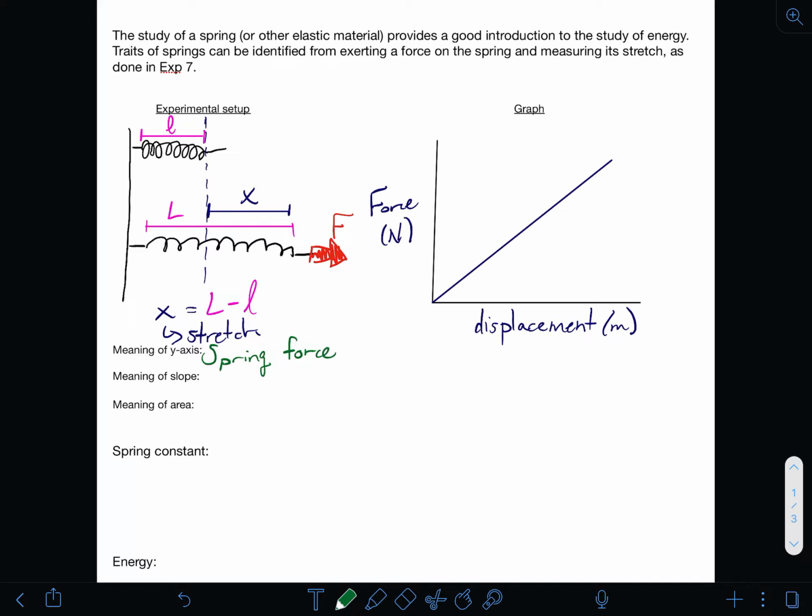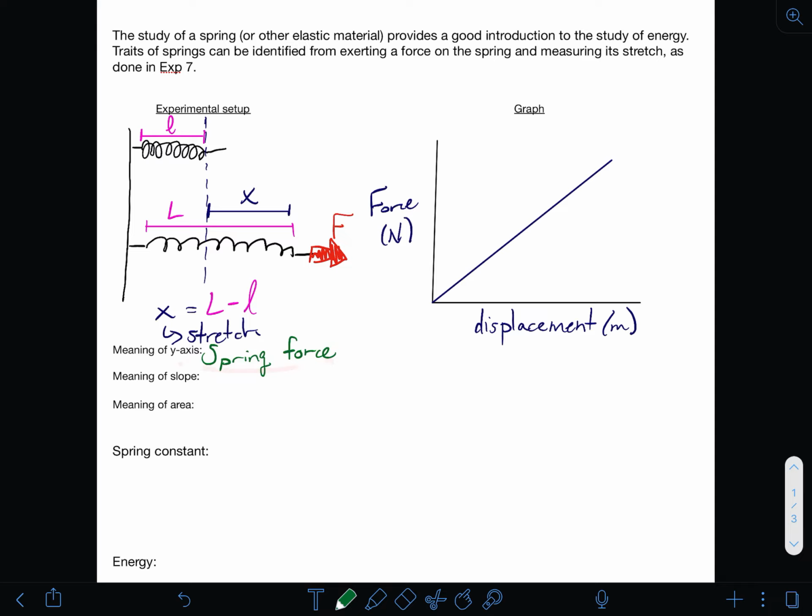We had to pull on the spring in order to deform it and make it stretch, but Newton's third law says that the spring has to be pulling back on us. So how hard the spring is pulling back is being shown here by reading our y-axis. We're figuring out how much force that spring is exerting.